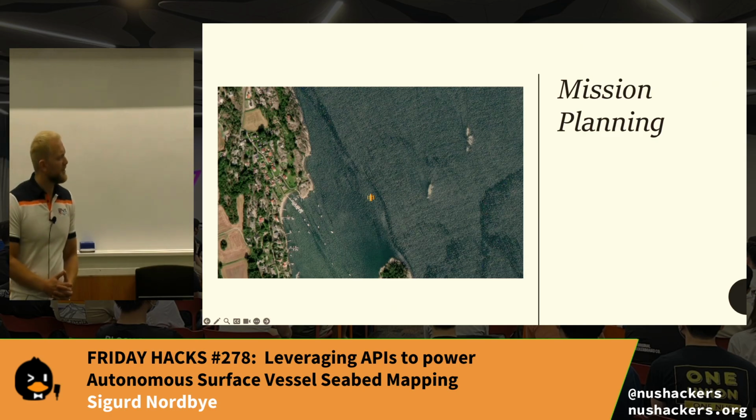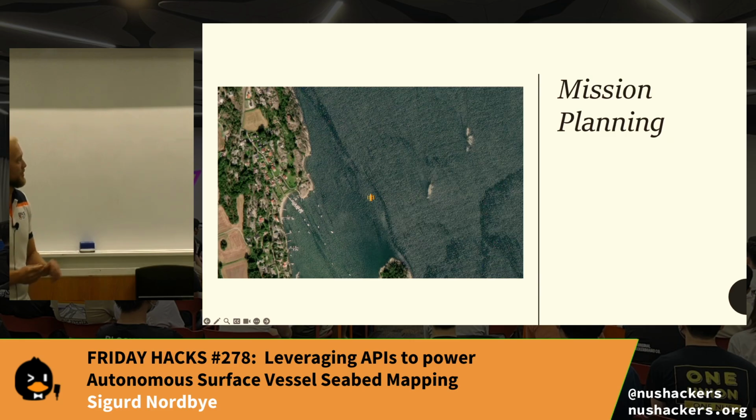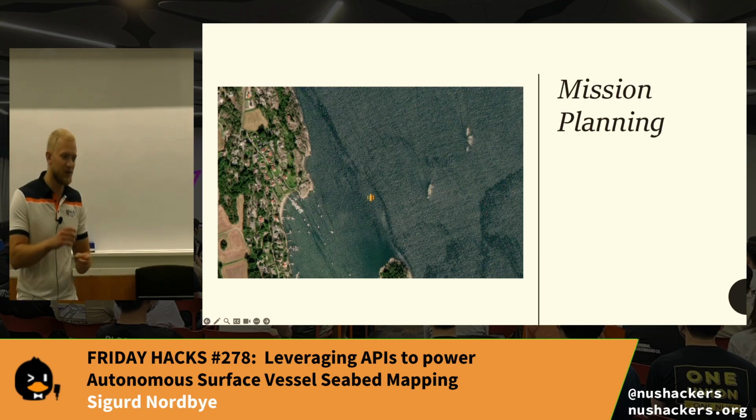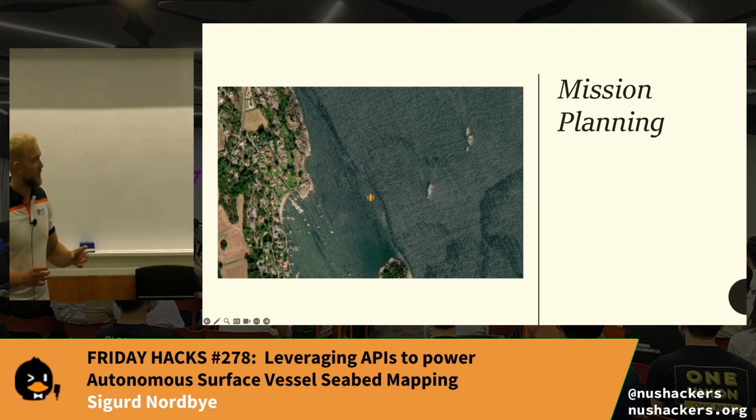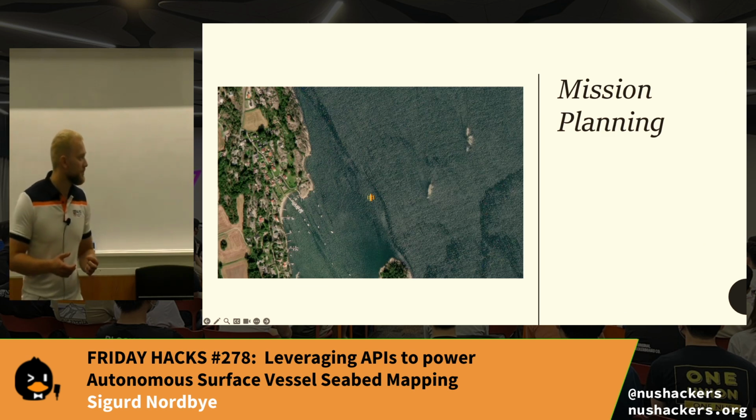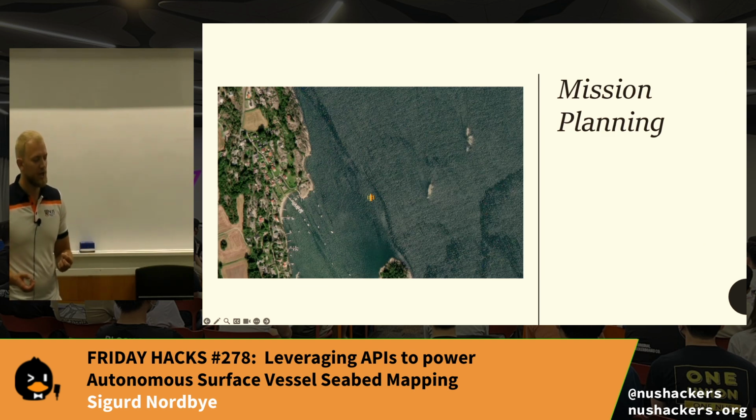And I was like, yeah, it might be possible, you could have an AI which could interpret this picture, go pixel by pixel, and check what is water and what is land. But you probably have a solution where you have to pre-upload documents and stuff, which is not really dynamic, not really cool. So I was like, how can I leverage APIs here?